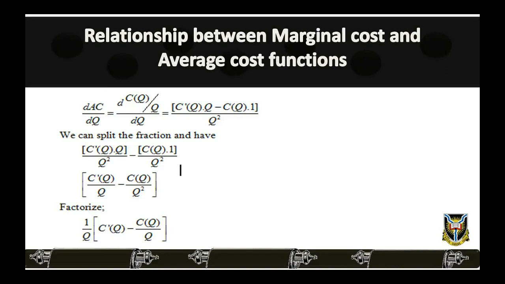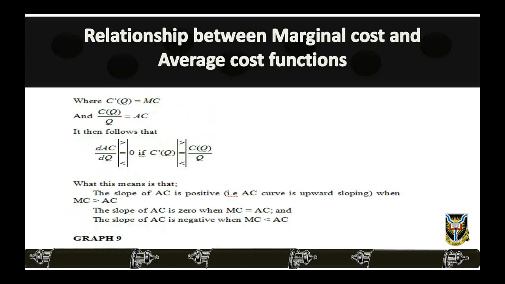So we have C'(Q) divided by Q minus C(Q) divided by Q^2. Factorizing, we have 1 over Q times [C'(Q) minus C(Q) divided by Q], where C'(Q) equals MC and C(Q) divided by Q equals AC.